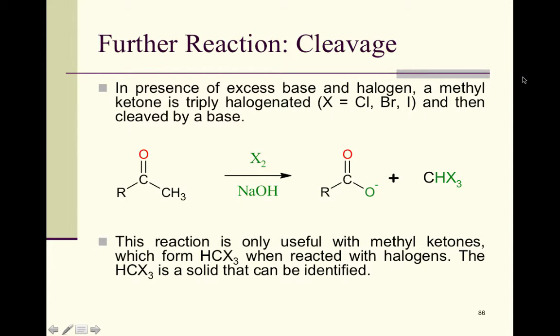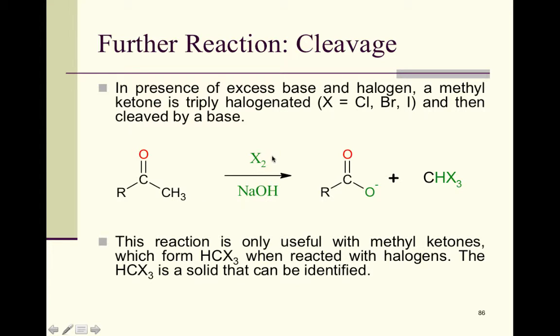Further reaction, cleavage. In presence of excess base and halogen, a methyl ketone is triply halogenated and then cleaved by a base. This is a methyl ketone. A methyl ketone is when you have a ketone piece and one of the sides only has a methyl there.